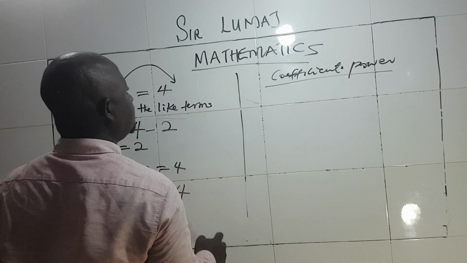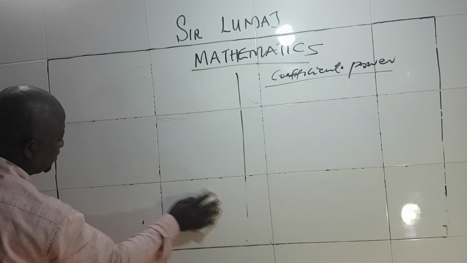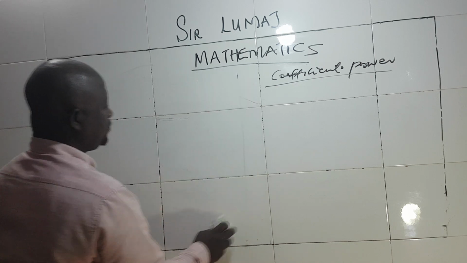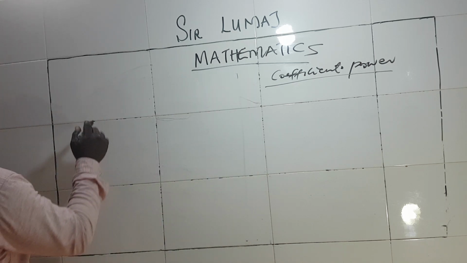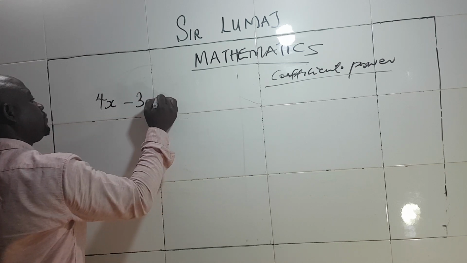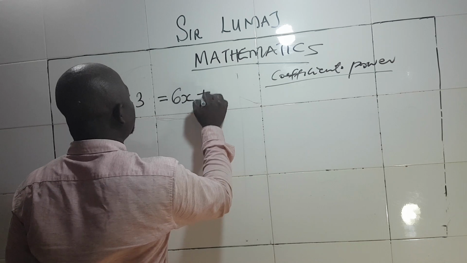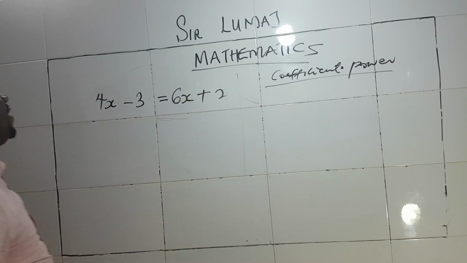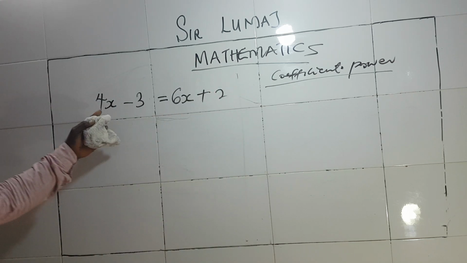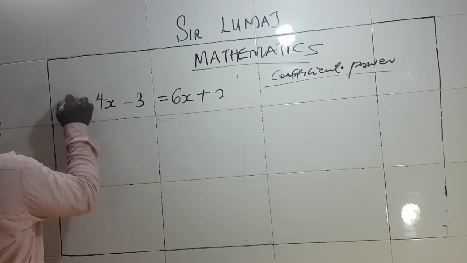So, I've explained what a coefficient is. I've explained power. Let's try this exercise. I have 4x minus 3 is equal to 6x plus 2. Find the value of x. I can equally use another alphabet. Let me say question 1.